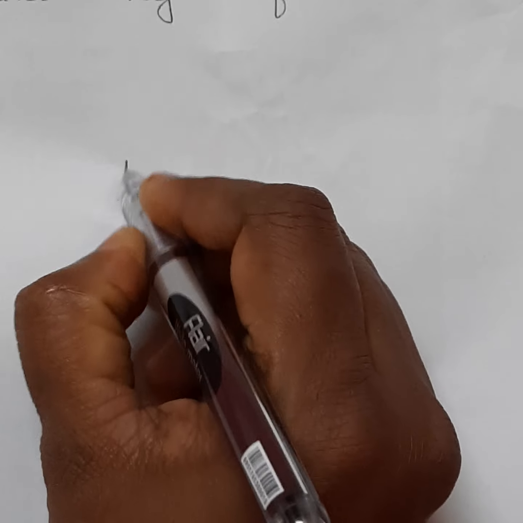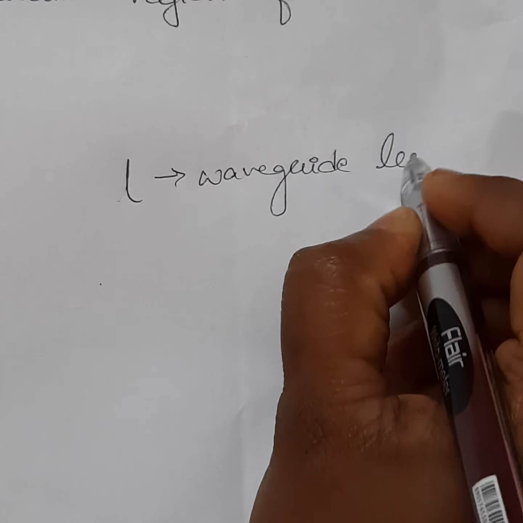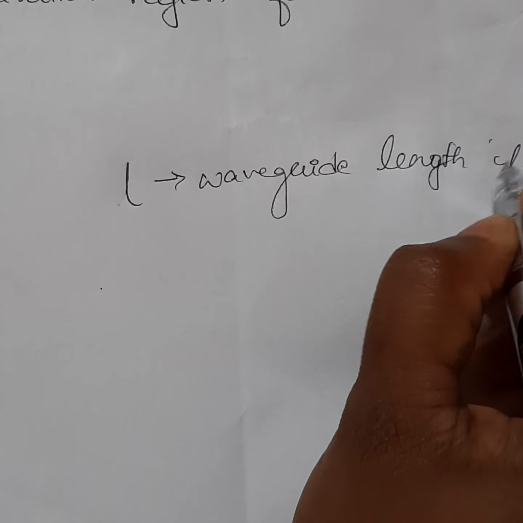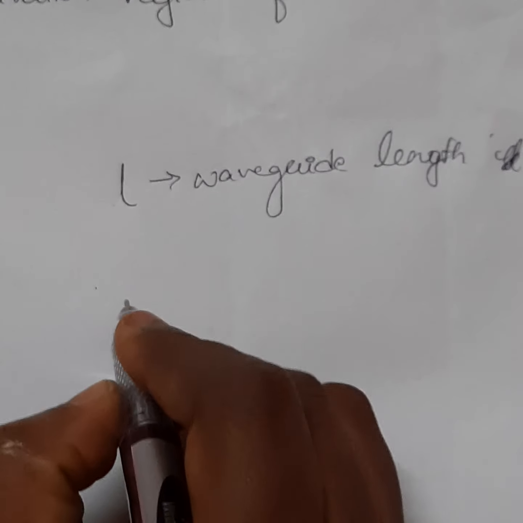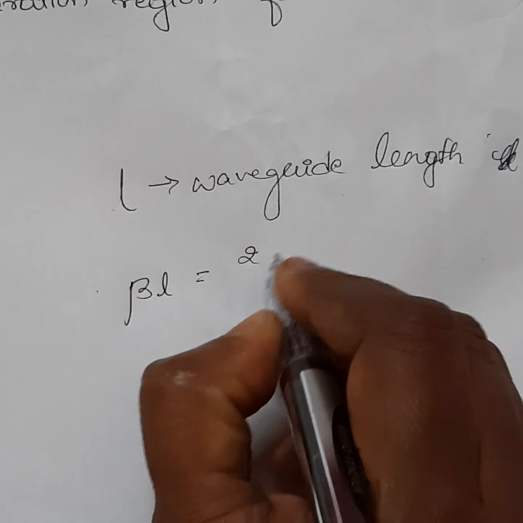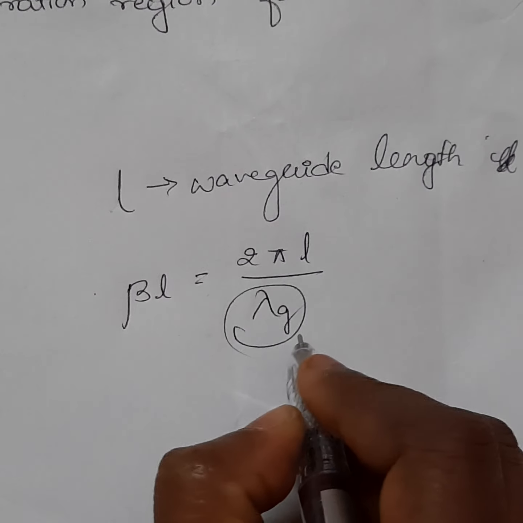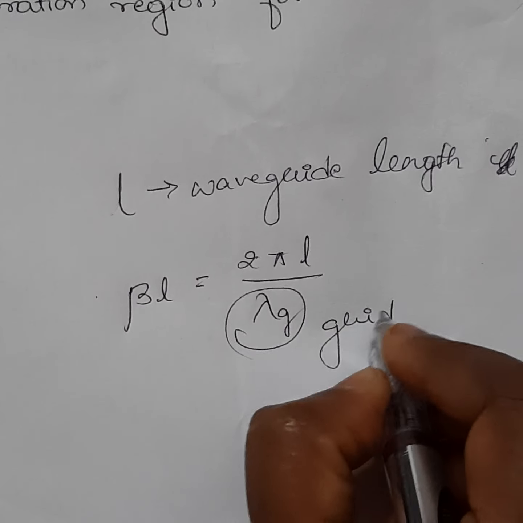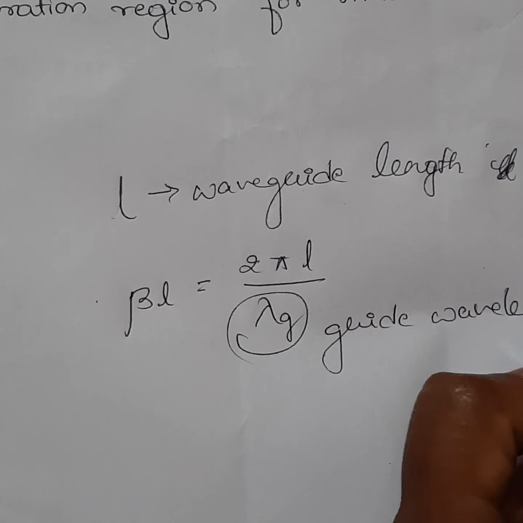The phase delay due to any waveguide length L is given by beta L equals 2 pi L divided by lambda g, where lambda g is the guide wavelength.